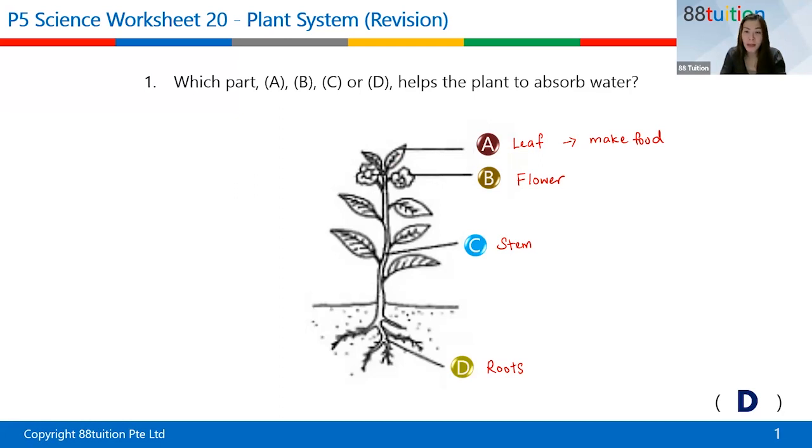Okay. So there's this particular thing inside the leaf, right? Quickly tell me what you understand by making food. Some of you mentioned photosynthesis. This is a process whereby plant makes food, right? But making food is not just such a simple thing.